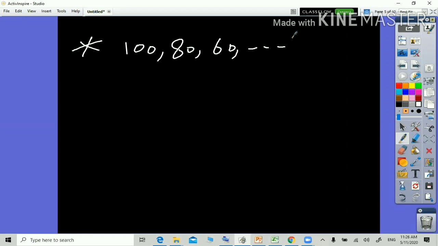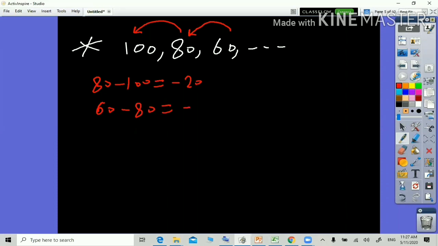How will I know if it is an arithmetic sequence or a geometric sequence? Subtract each term from the previous term. 80 minus 100 will give you negative 20. 60 minus 80 gives you negative 20.